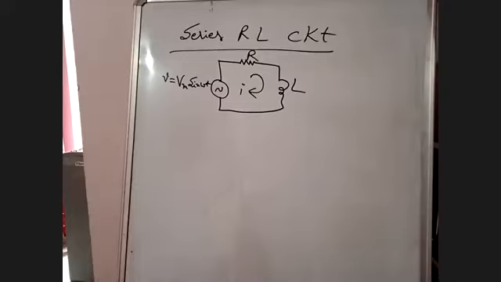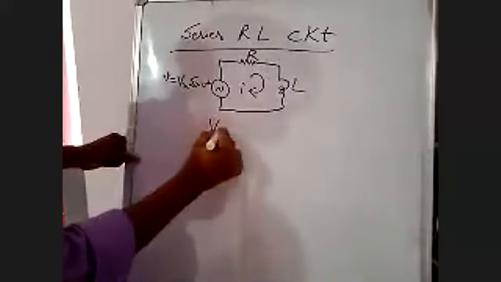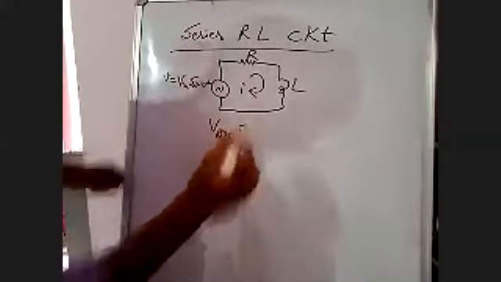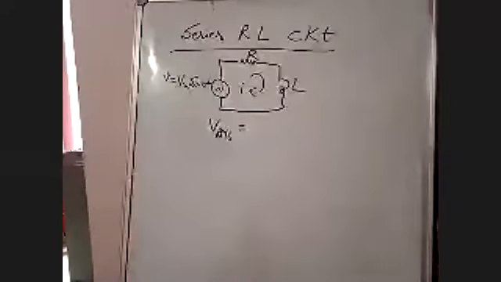We have derived the formula for the full wave rectifier. What is the RMS voltage formula? 1 by total time, integration of. We have derived that. The final formula for full wave rectifier RMS voltage, in your notes, is root of Vm square, Vm by root 2.